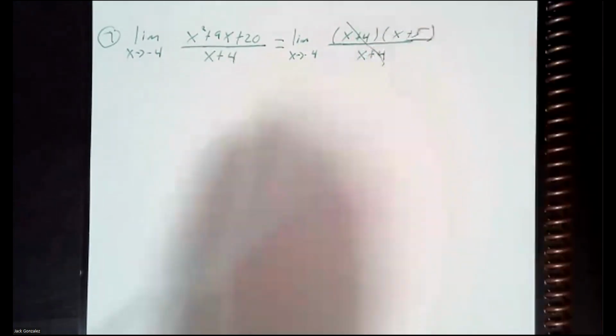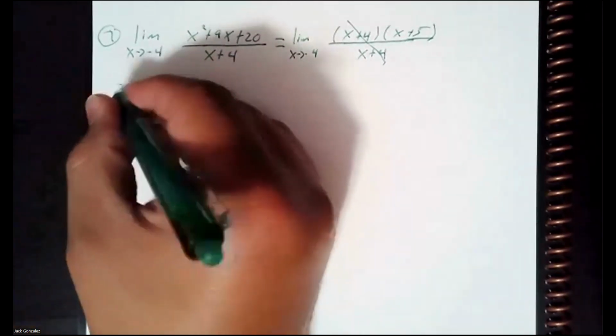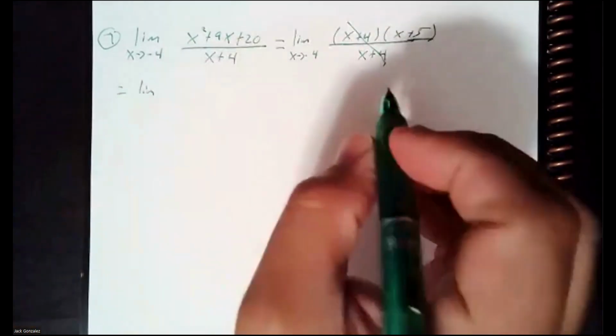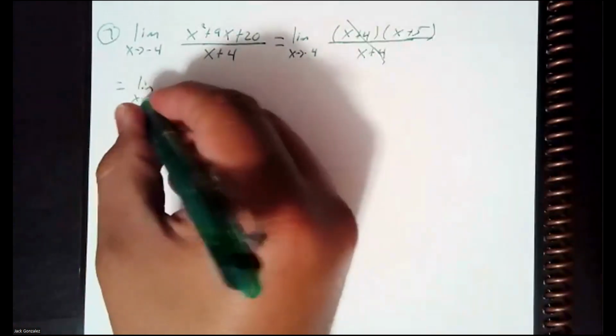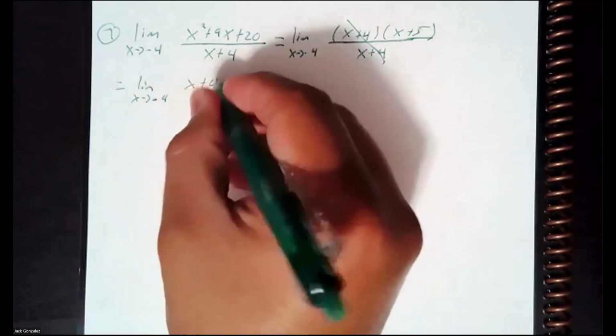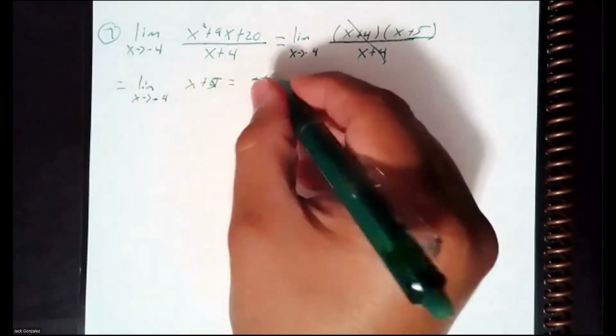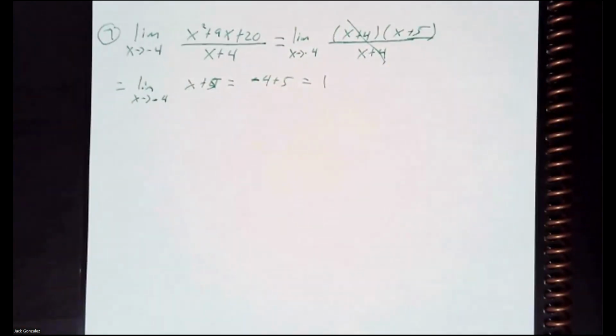So these are gone, right? This would be a removable type, so the limit as x approaches -4 of x plus 5 would equal -4 plus 5, which is 1. Yeah, exactly.